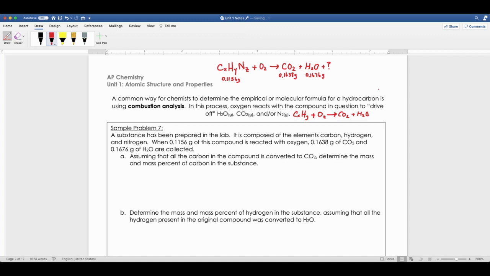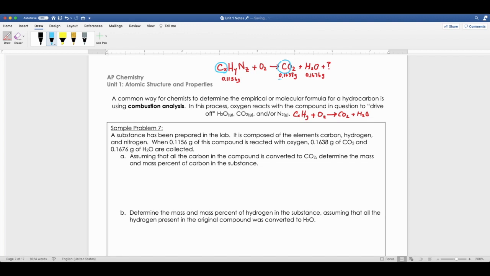Here's how we could figure this out. We can determine what mass of carbon is present in the empirical or in this formula for this unknown compound because, check this out, let's use a different color. All of this carbon was converted to CO2.